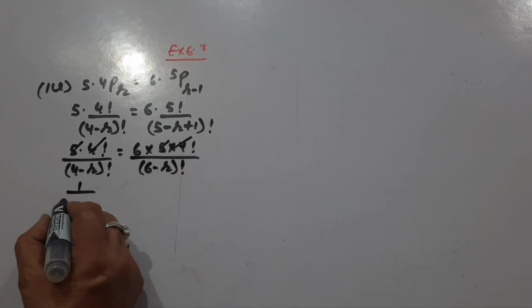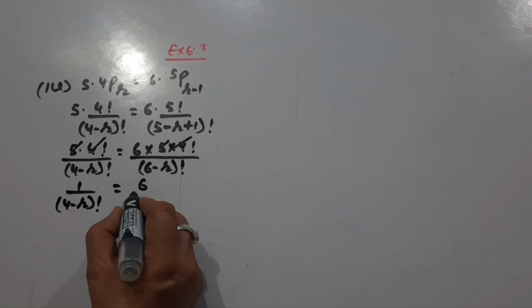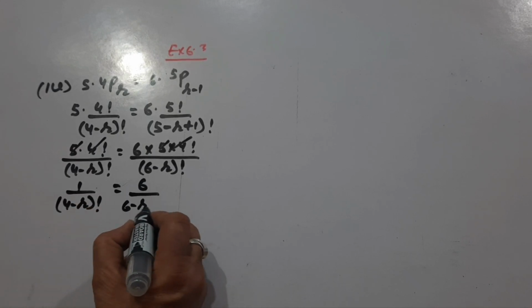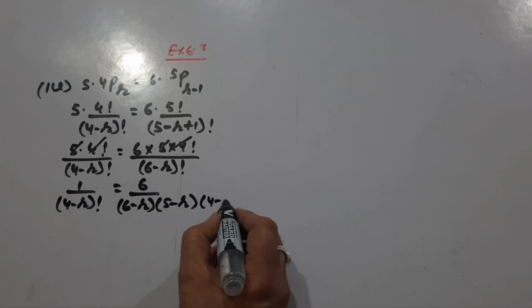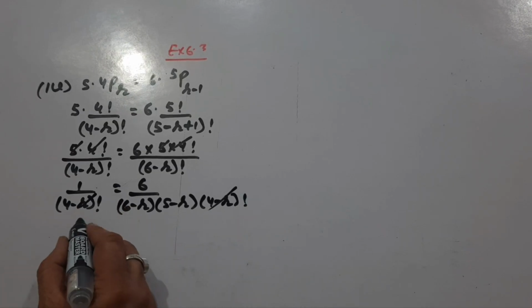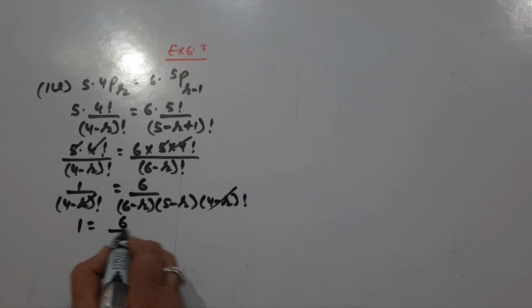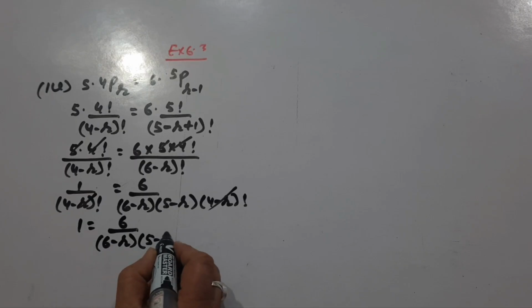So 1 upon 4 minus r factorial is equal to 6 upon 6 minus r, 5 minus r, and then 4 minus r factorial. Now cancelling these two, we get 1 equals 6 upon 6 minus r into 5 minus r.